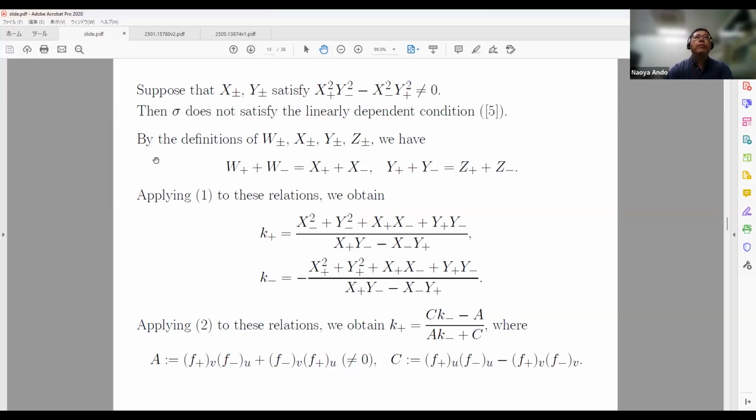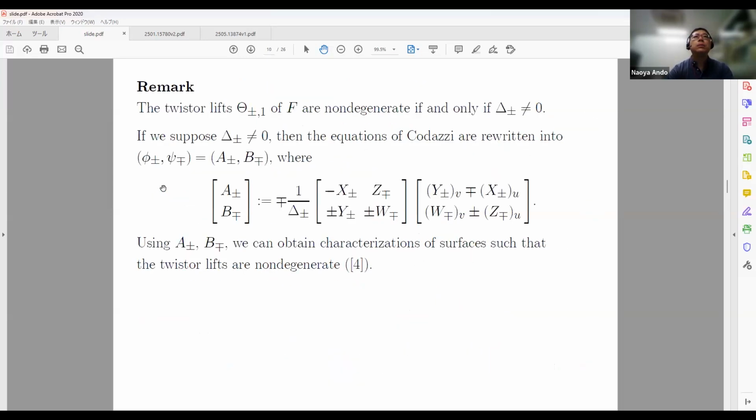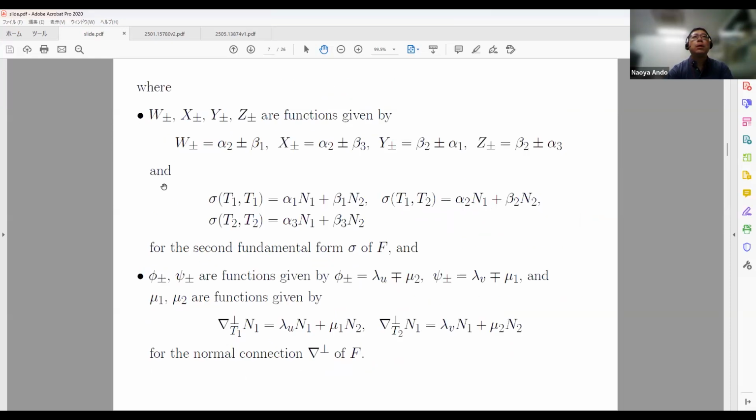By the definitions of double X, Y, Z, and by the definition of these functions, we see that the sum of double plus and double minus is equal to the sum of x plus and x minus. Similarly, the sum of y plus and y minus is equal to the sum of z plus and z minus.